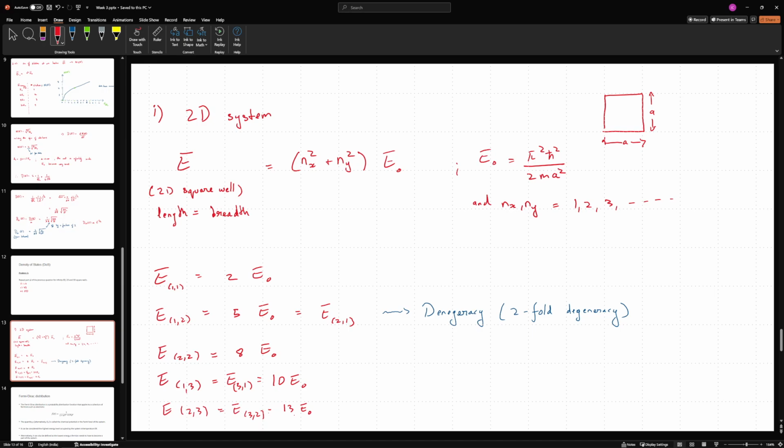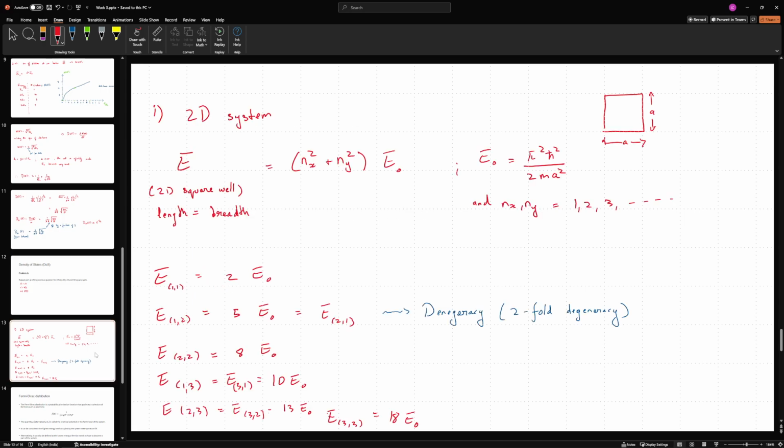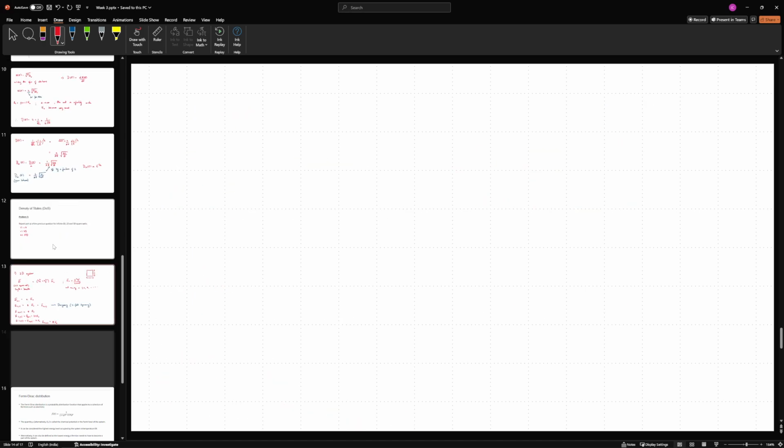Yes. Finally, let me just append that also. E33 is going to be 18 E naught. So how does this curve look like?